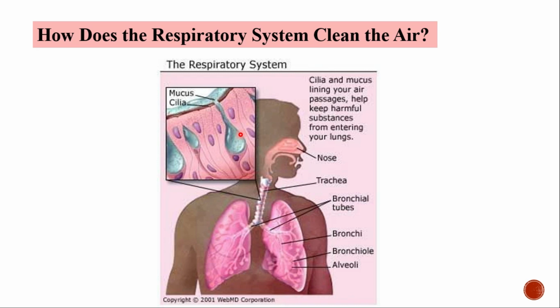But if we breathe in harmful things like cigarette smoke, the cilia can stop working. This can lead to health problems like bronchitis. Cells in the trachea and bronchial tubes make mucus that keeps the air passage moist and helps keep things like dust, bacteria, viruses and allergy-causing things out of the lungs. So in this way, the respiratory system remains clean.